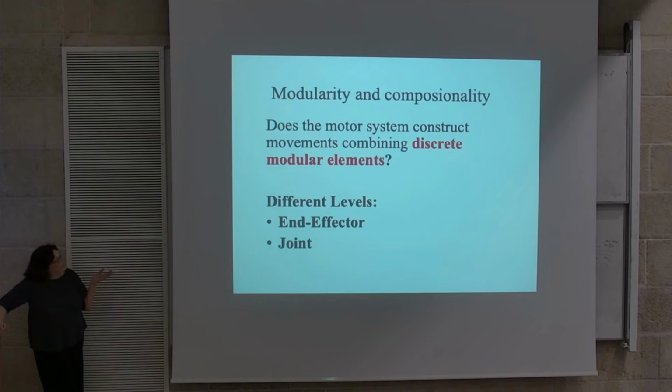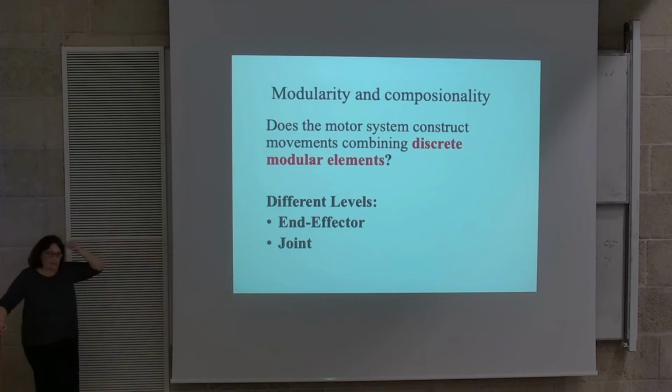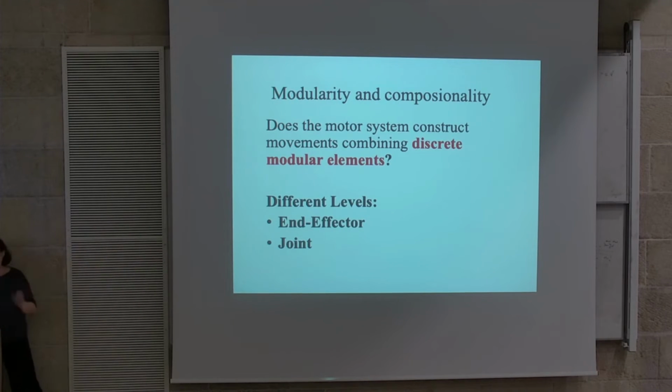So for a long time, I've been very interested in the question of compositionality, namely that you have primitives, what we call motor primitives. I believe you have motor primitives not only at the level of kinematics, but also at the level of execution, mainly the level of muscles, because we know that you have muscle synergies, and also the level of joint motion.